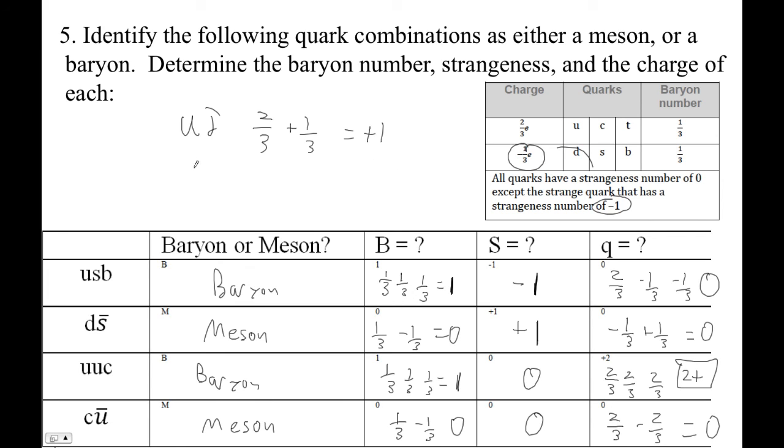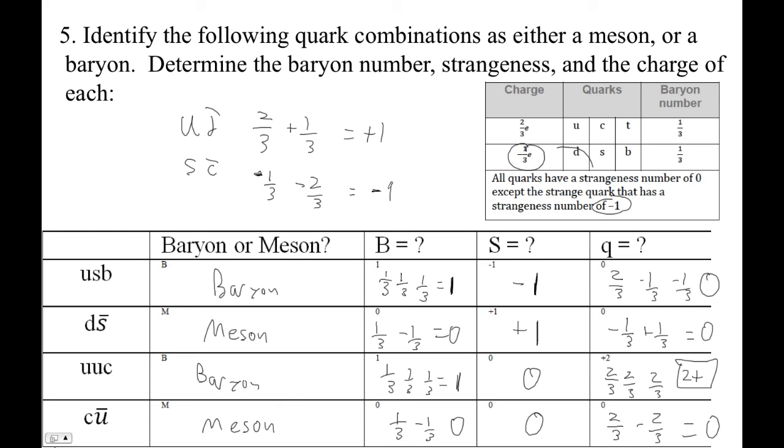And if I had strange anti-charm, that would be -1/3. And then charm would be +2/3, but anti-charm would be -2/3, so that is -1.